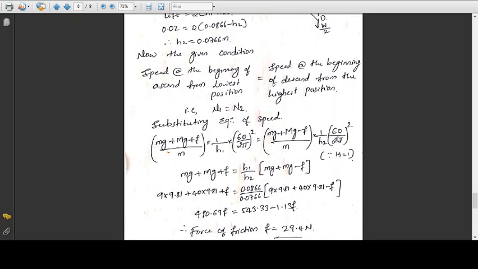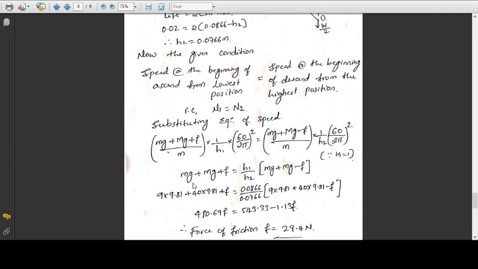The only difference is that we are using h1 for N1 and h2 for N2, and in place of F you consider the positive sign, because here the sleeve is having upward motion, and here you consider a negative sign. Descent means the sleeve is having downward motion. You should understand carefully when to take the positive sign and when to take the negative sign.